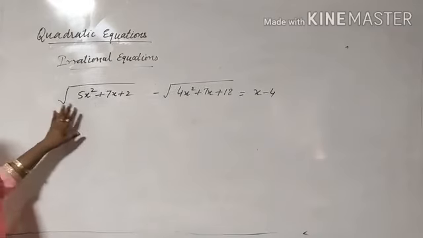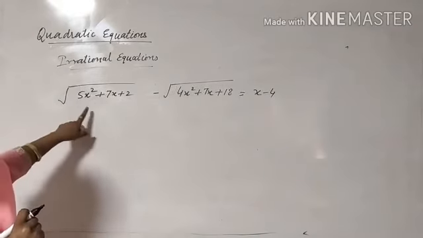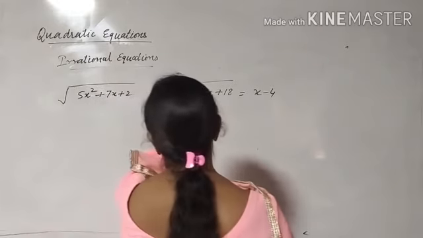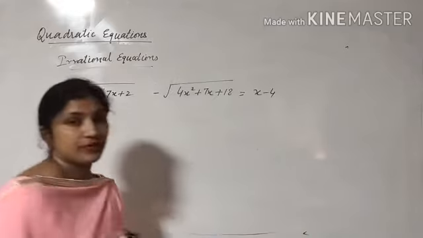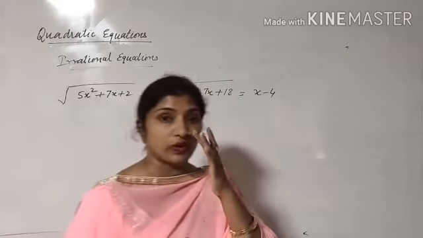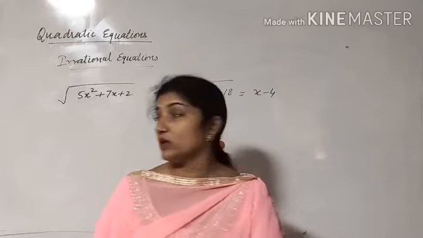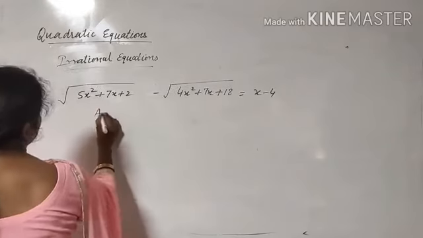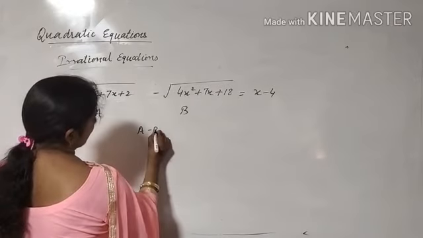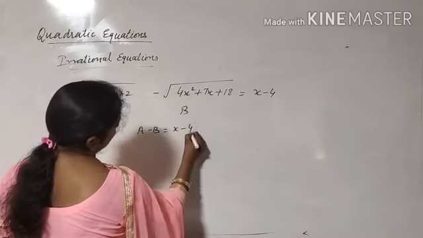So when you have equations having square roots of quadratic terms, what we do is put this as a, this as b, and we have a minus b as x minus 4.